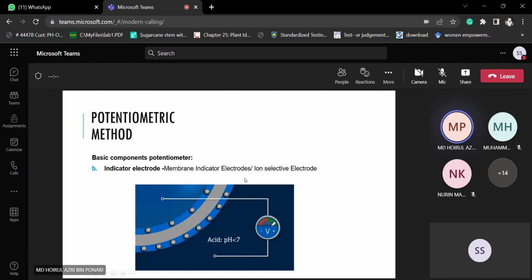Jika hydrogen ion dia tinggi, pH dia rendah. So in these situations, the hydrogen ion dia lebih banyak. Sebab apa? Larutan ni adalah acidic.